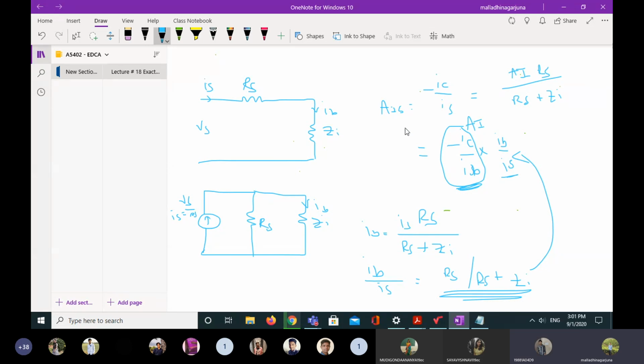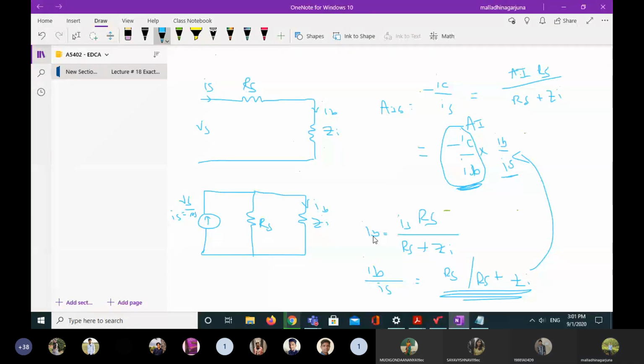Sir, why didn't we use ZI in output admittance? In the derivation, in place of VB, one extra component we wrote, the VS, in the previous case without source.